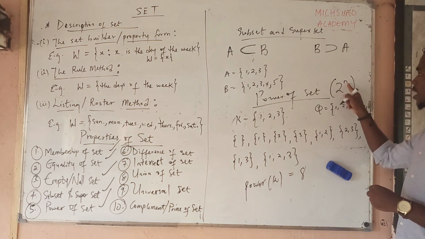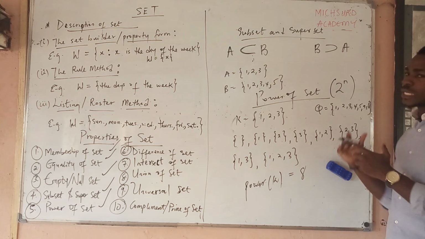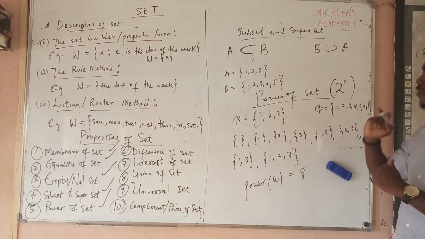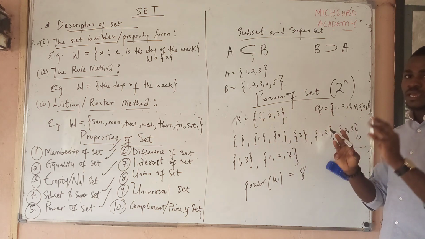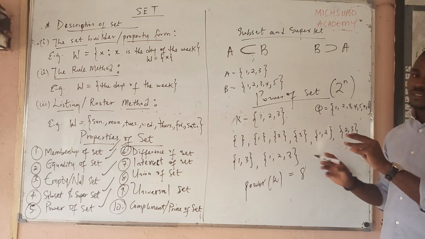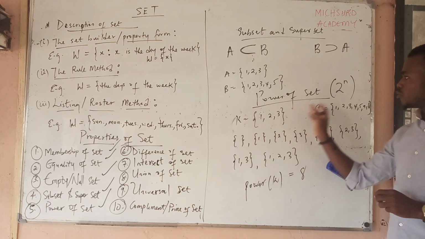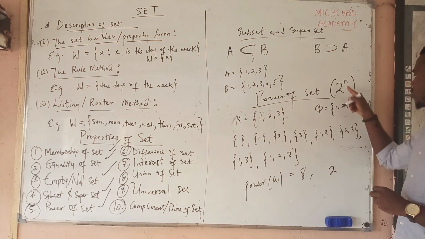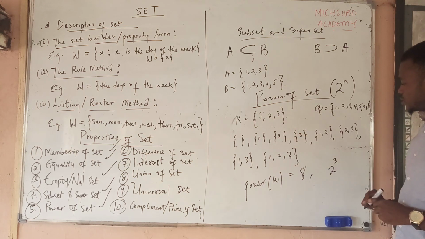So what is n? N is the number of elements, or you can call it the cardinality of that set. Here we have 1, 2, 3. We have 3 elements in set K. So instead of writing n, we know n is equal to 3.